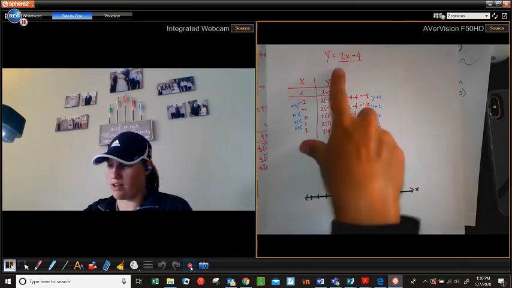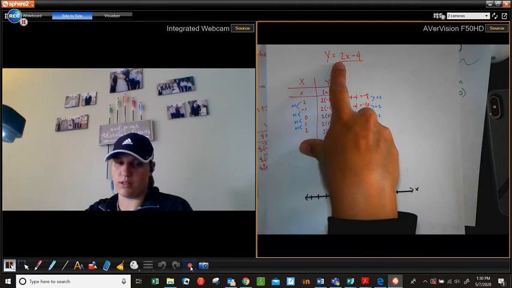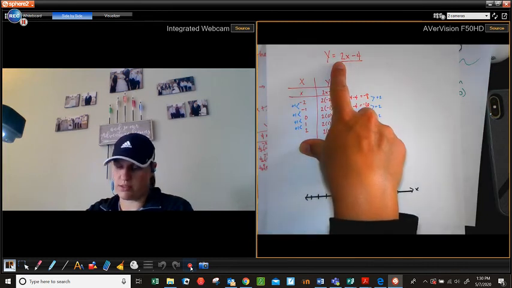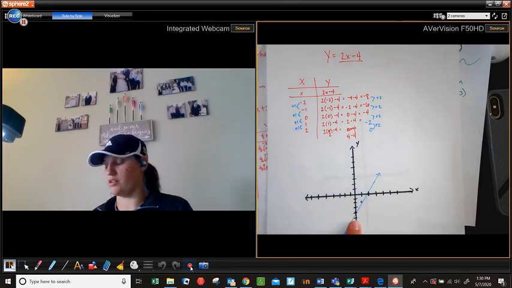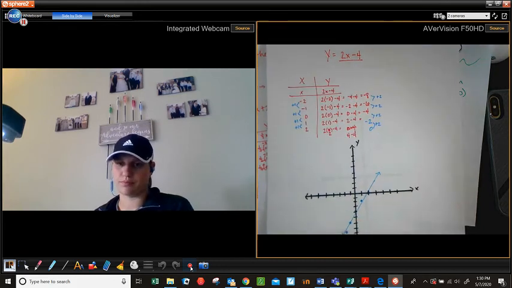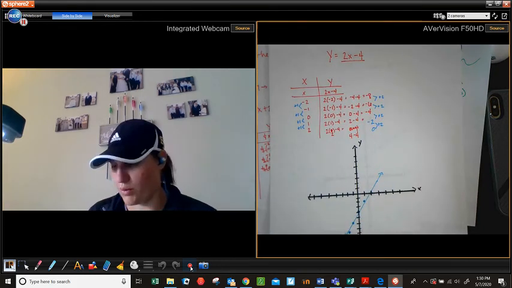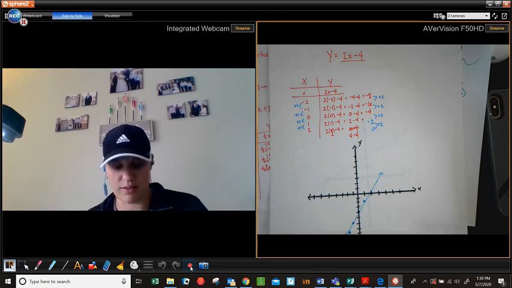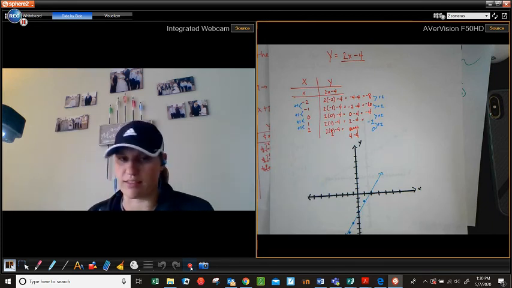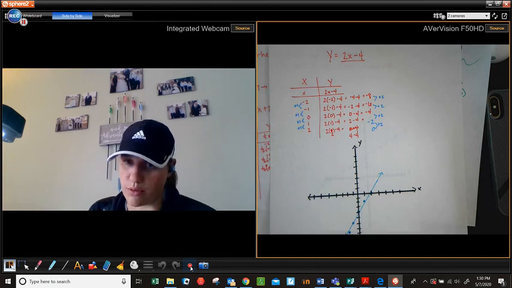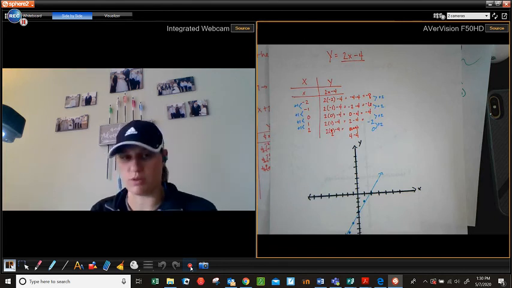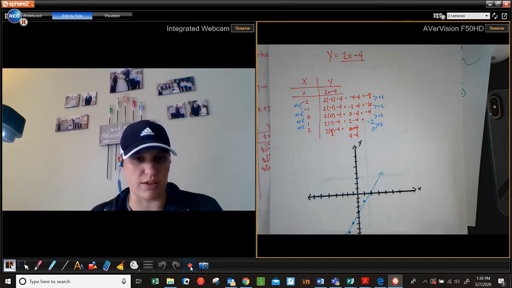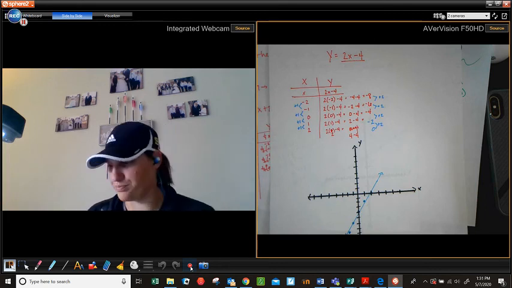And if you have a whole number or an integer that's not a rational number, your line's going to be steeper. It's not that important. That'll come into play later when we talk about parts of the line. But right now we're just looking at the equation and we're creating a table to graph because we know how to graph points, we know how to substitute values in, and we know how to solve.